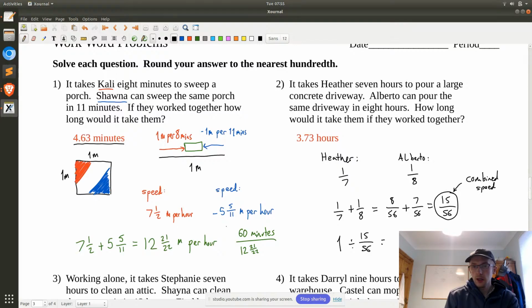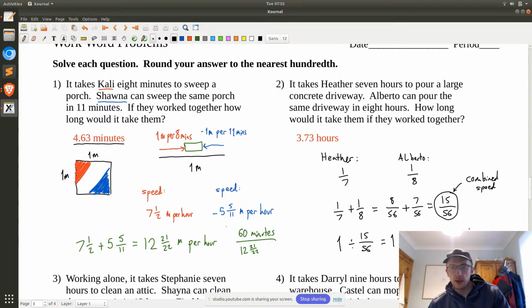So that will be 56 over 15, which is 3 and 11/15. And that looks right to me.